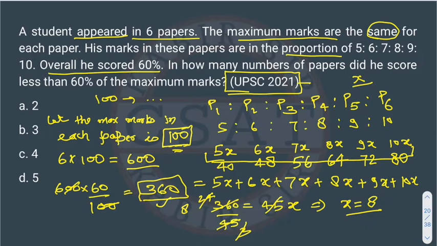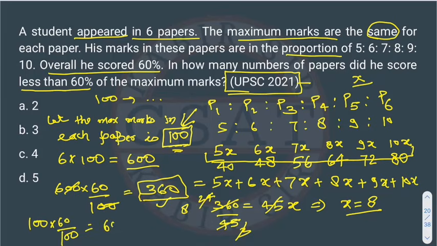Now what he is asking is, in how many papers, in how many subjects, he scored less than 60%. So we have to find out in which papers he is getting less than 60% marks. So what is the maximum marks for each paper? We assumed here, what is the maximum mark? 100. So what is 60% of it?